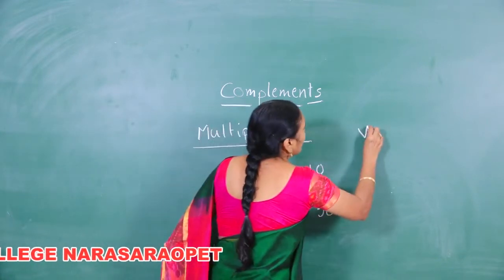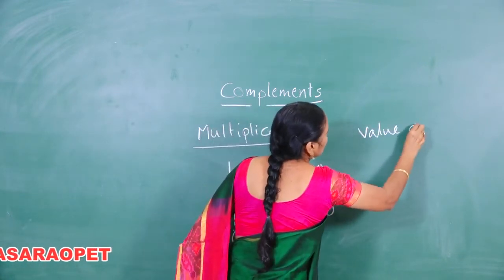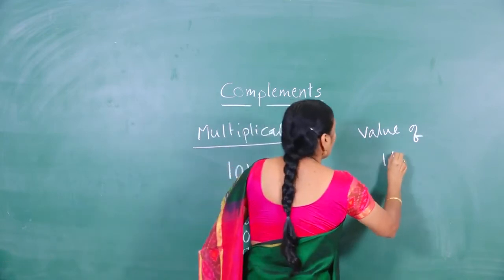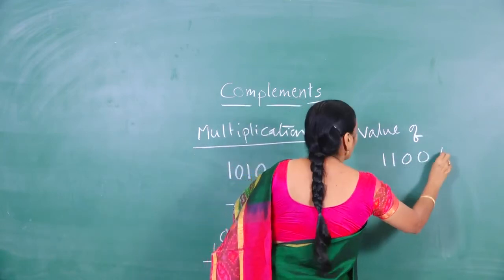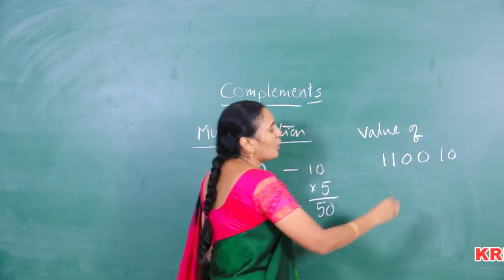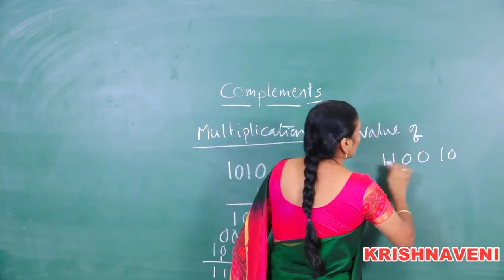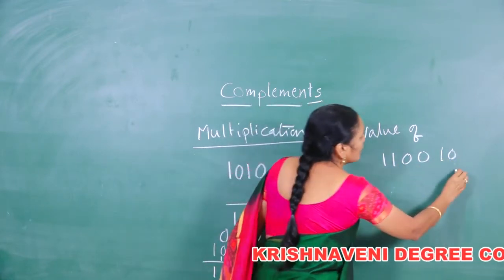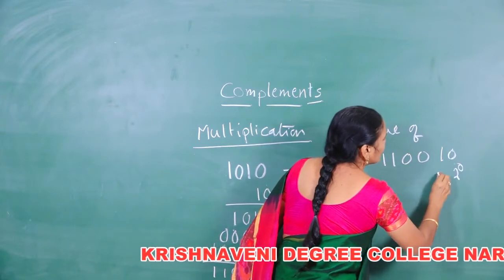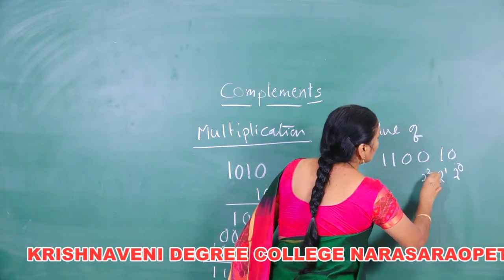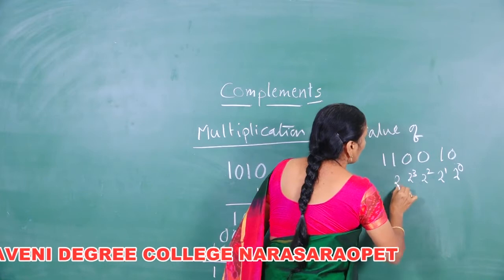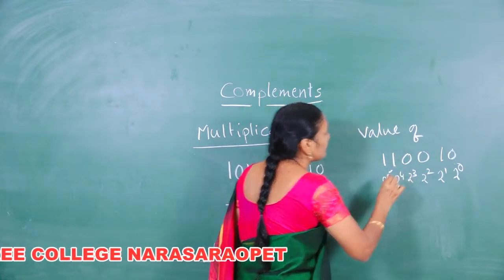So, let us try to find the value of 110010. As it is a binary number, the place value will be 2 to the power of 0, 2 to the power of 1, 2 to the power of 2, 2 to the power of 3, 2 to the power of 4, 2 to the power of 5.